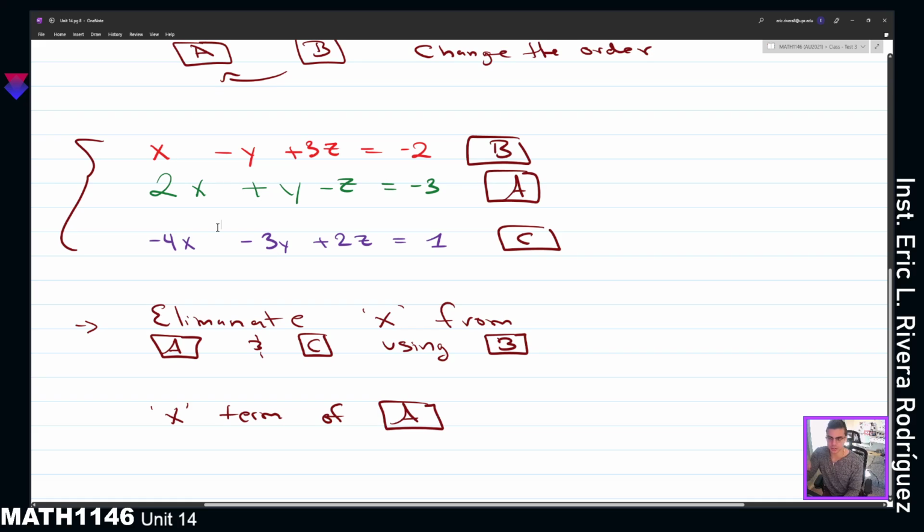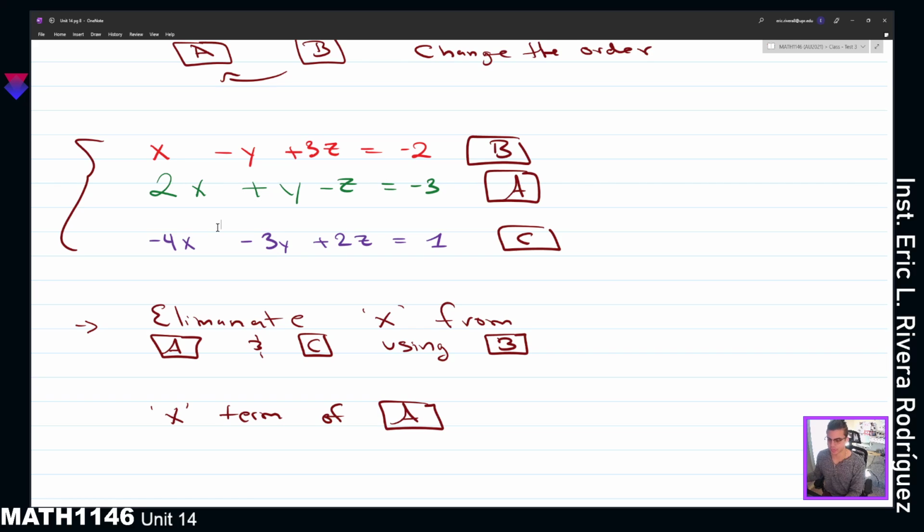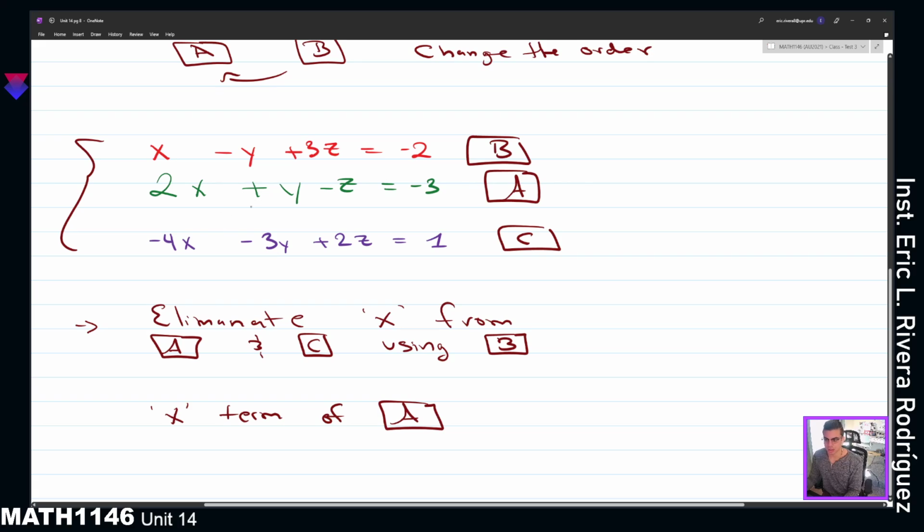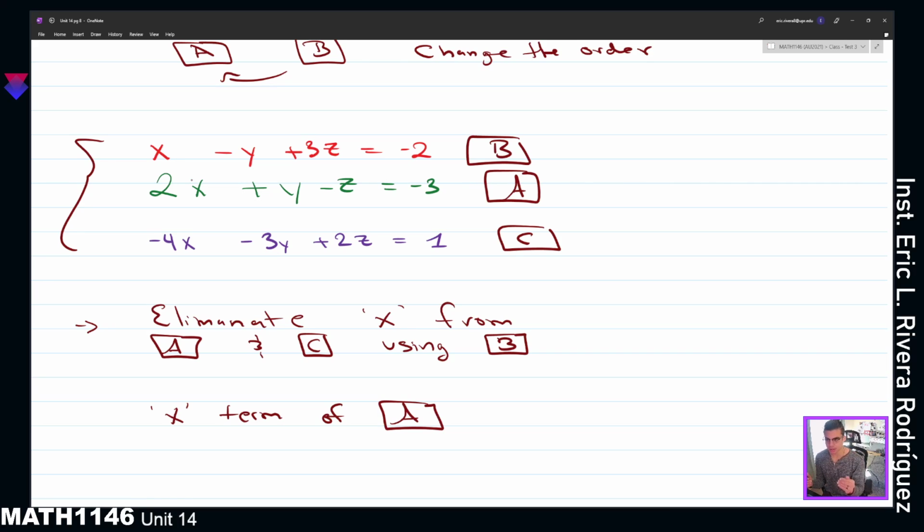The opposite value of positive 2 is negative 2. Since I'm going to use equation B to eliminate that term, it means that I'm going to add equation A and B, and I hope to cancel the x term.